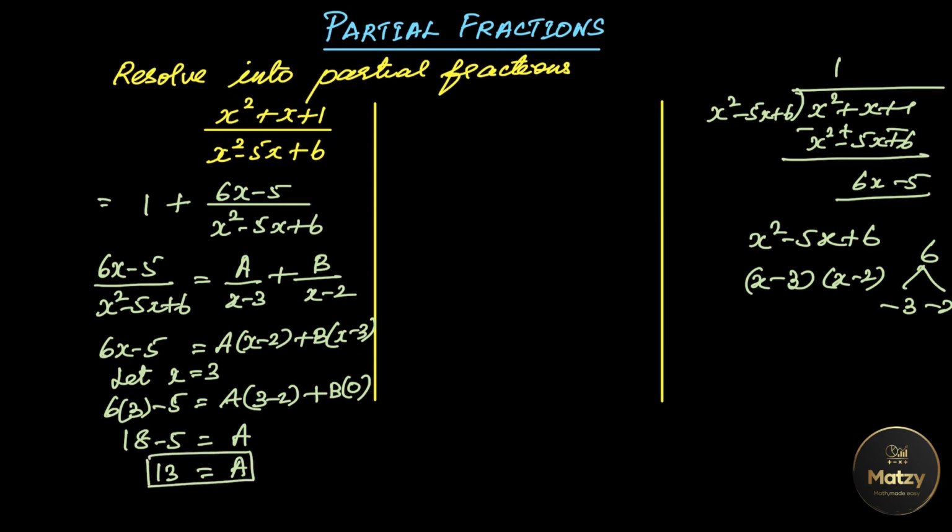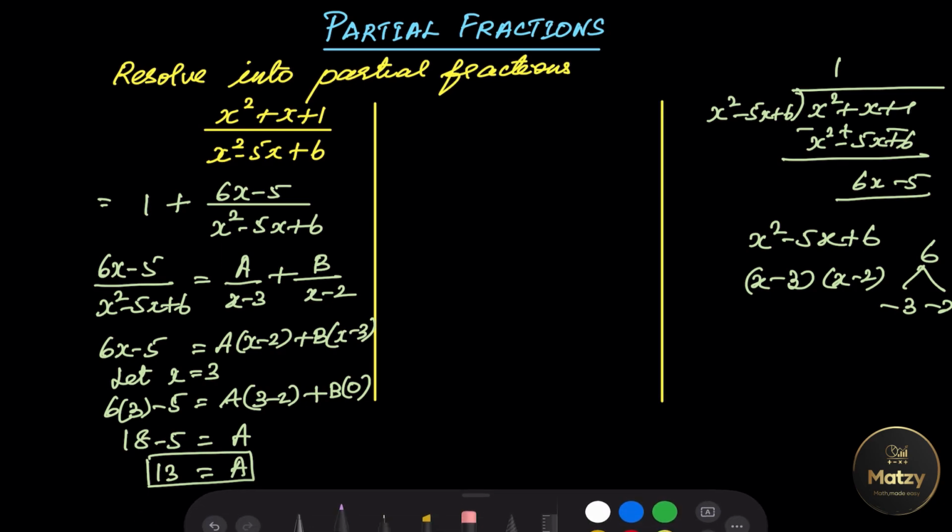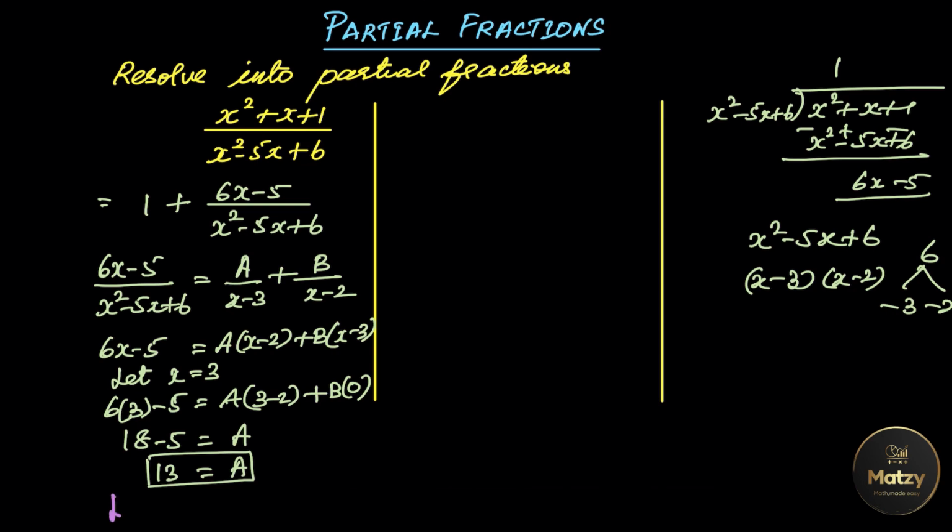Next, B. In order to get the B value, you have to take x value as 2. If you take x as 2, A will go off. Let x = 2.